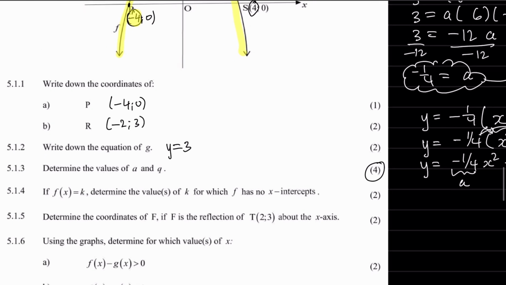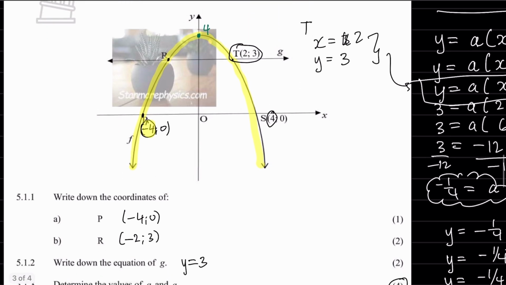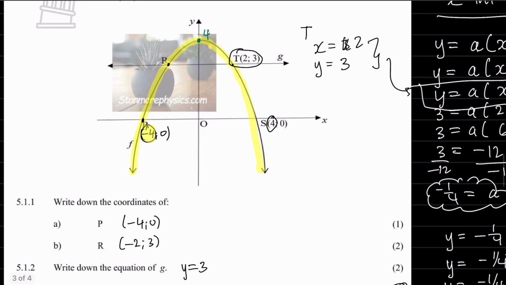Okay, let's move on. If f of x is equal to k, determine the value of k, or values of k, for which f of x has no x-intercepts. All right, how can we work that out? So what they want to know is what kind of shift needs to take place such that this graph will no longer have any x-intercepts.